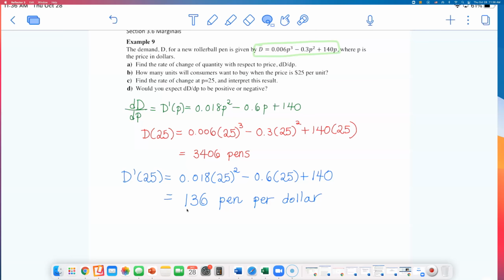So the answer to question D: would you expect dD/dP to be positive or negative?